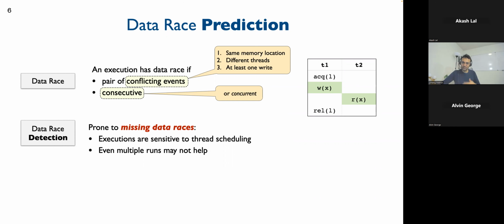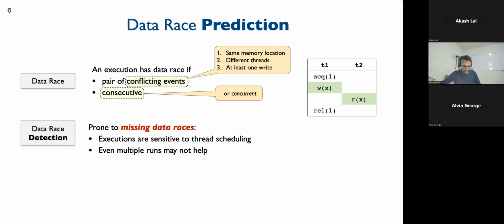But even with that definition, I would still not be able to effectively do data race detection, and data race prediction still makes sense in that setting. The example that I showed you is very simplistic and does not bring out all the things that you're talking about. You're right. But it's not really different.